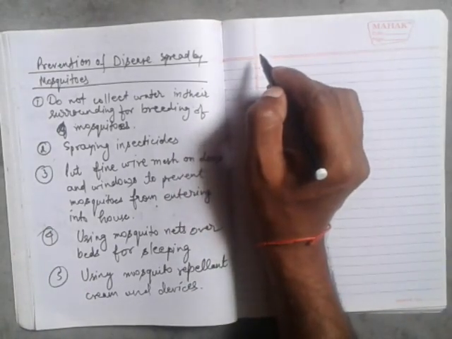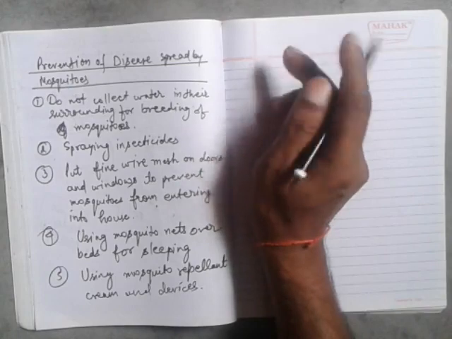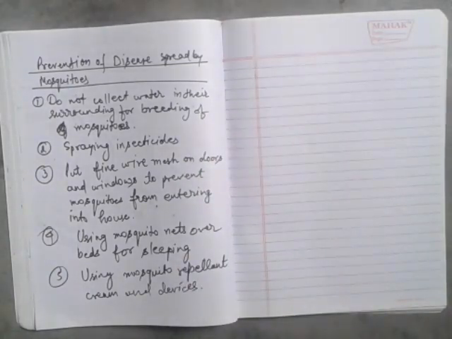Some diseases are also caused by microorganisms in plants and animals.